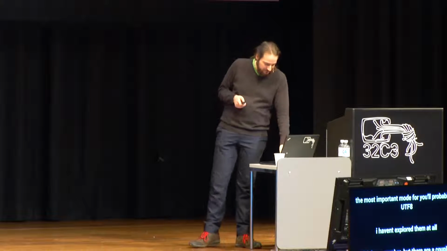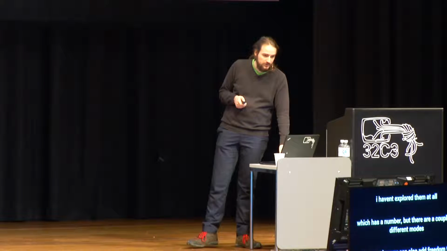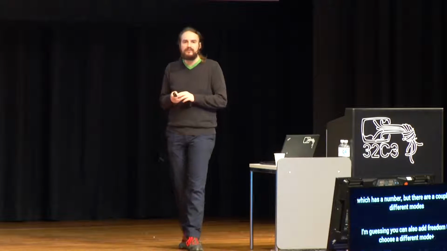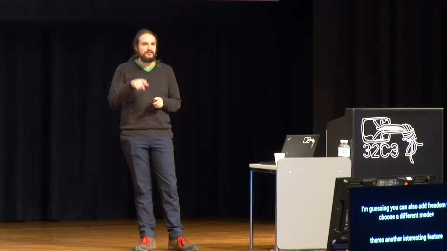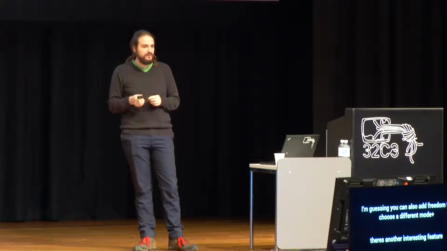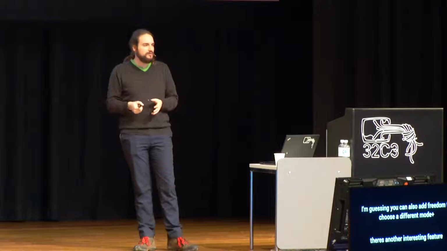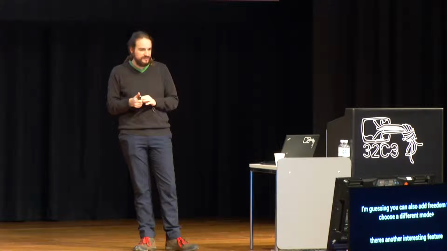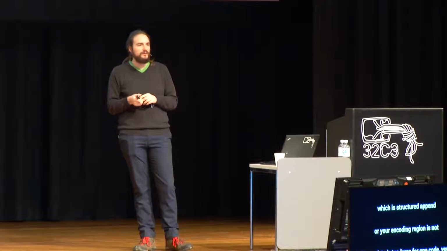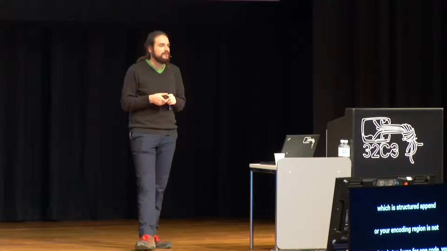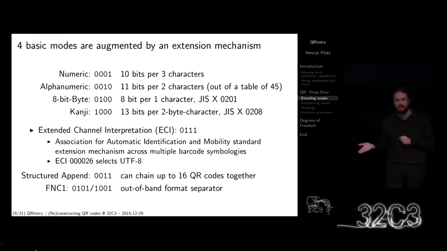There's another interesting feature I've never seen used, which is structured append. If all your data doesn't fit into a code, or your encoding region isn't quadratic, you can chain multiple codes together, up to 16. All of these QR codes will then have a checksum, and each of the codes tells you that I am code 1 out of 5, I'm code 2 out of 5, and so on.